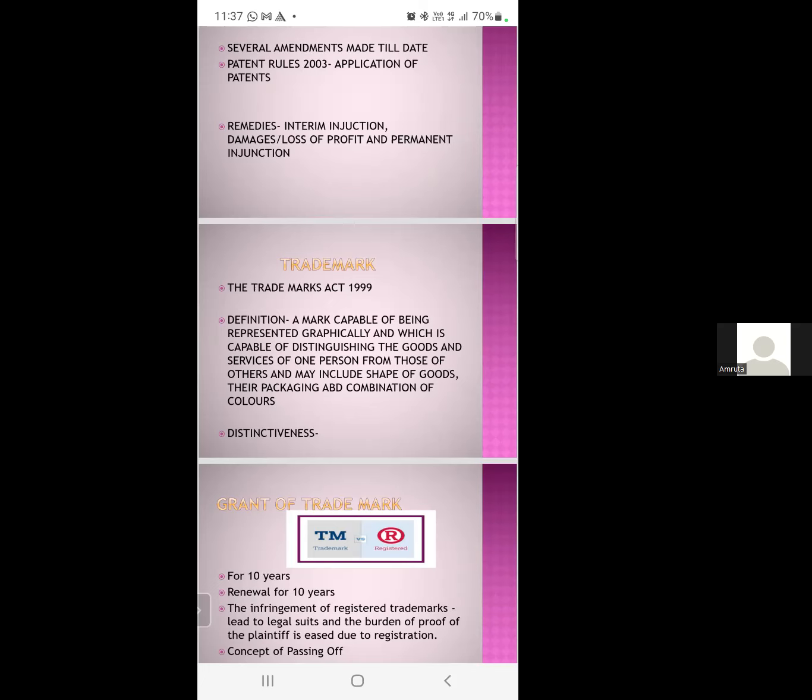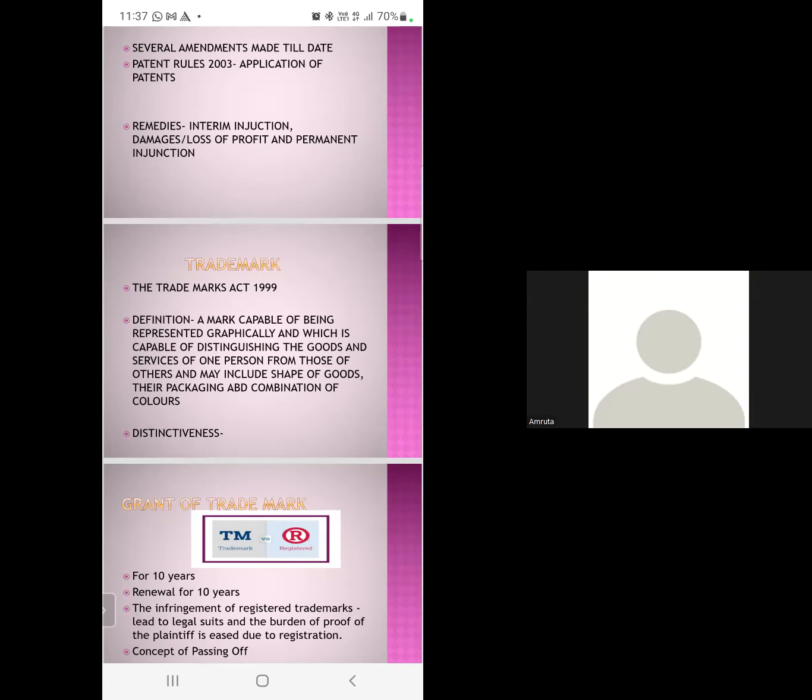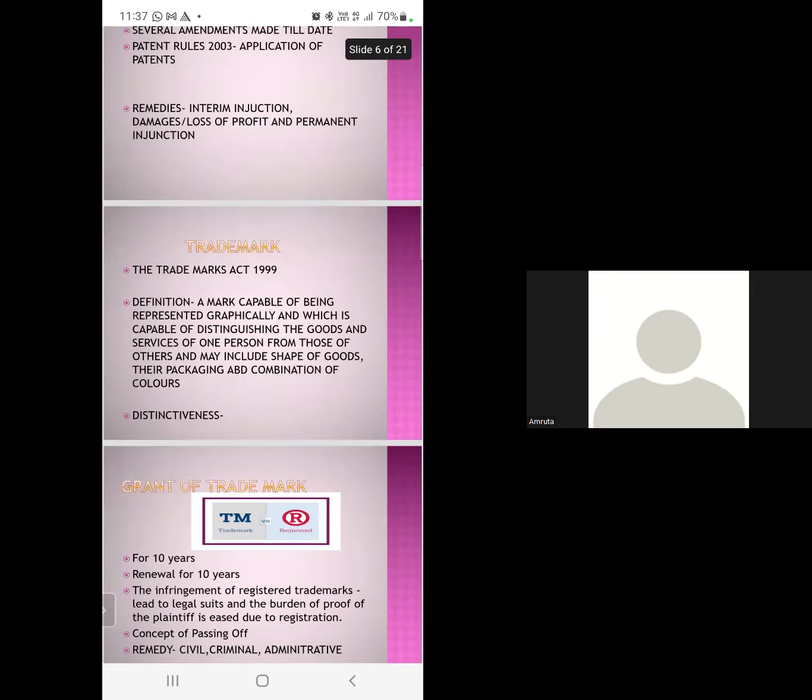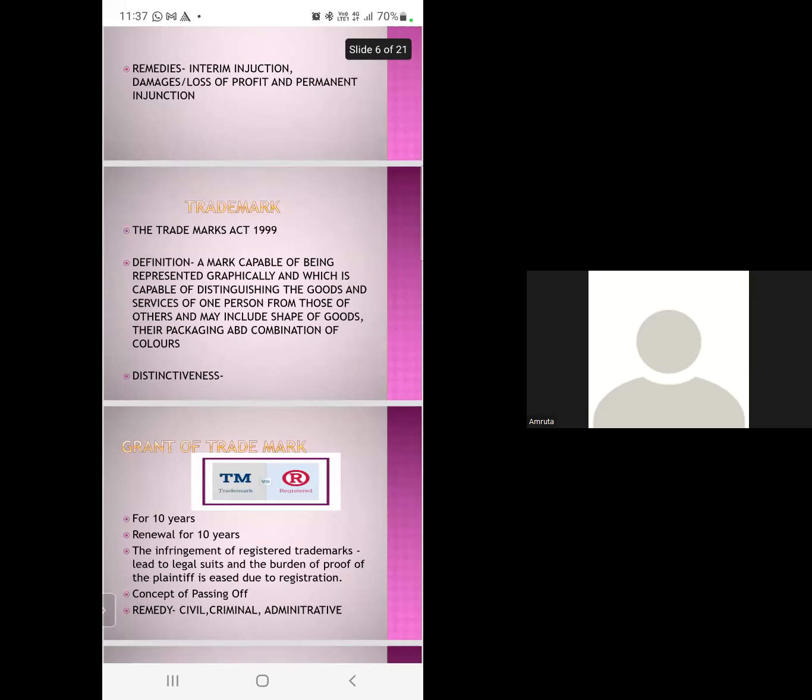Then there are many other companies like Hindustan Petroleum or other companies which have their own trademarks, and they have registered it to protect it from getting used, duplicated or impersonated by other persons. Okay, so it is granted for its distinctiveness.